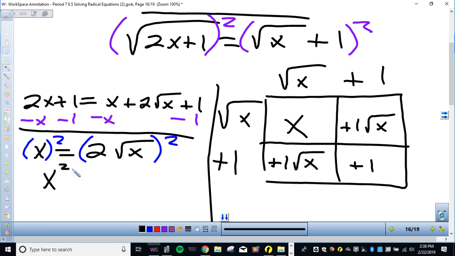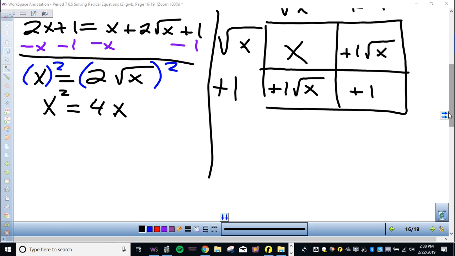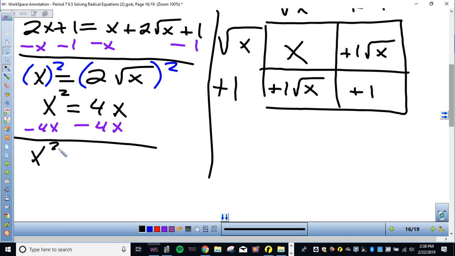So we have x squared equals 4x. And then we have to factor this thing, so we subtract 4x over. And we get x squared minus 4x equals 0.